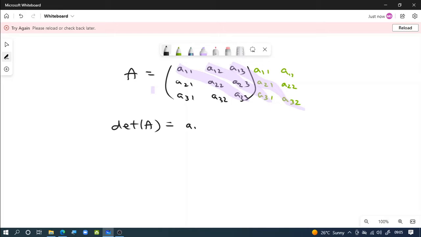So for the first main diagonal, the product would be A11 times A22 times A33. You add the product of the second diagonal, A12, A23 times A31, and also the product of the third main diagonal.